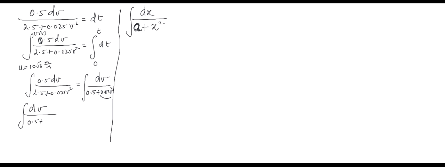Do you get that? Okay. I want the denominator to look like this 0.5 multiplied by 1 plus, if you factorize 0.5, what we will have in the denominator.